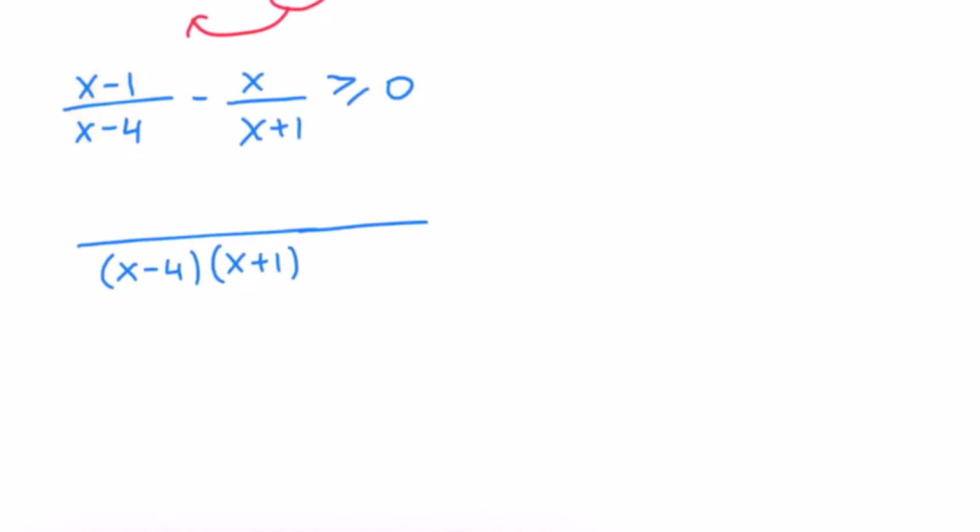So we need to multiply the top with x plus 1. So x minus 1 times x plus 1, minus. And then on the second fraction here, the denominator is missing x minus 4. So we need to multiply the top with x minus 4. It's greater than or equal to 0.